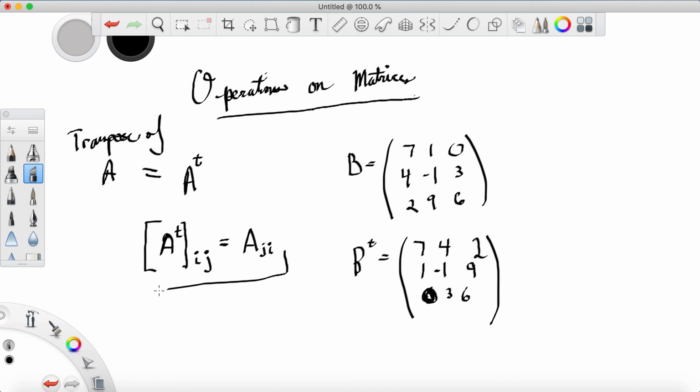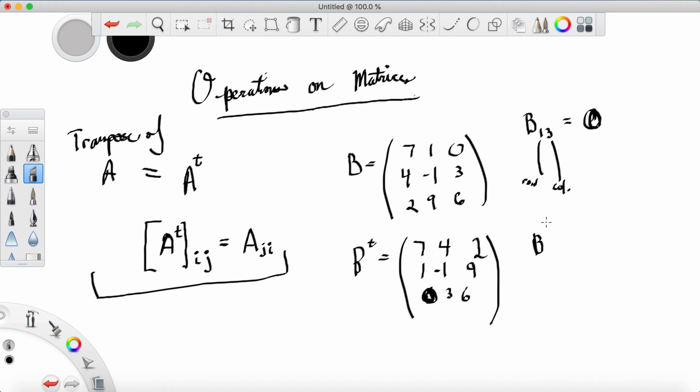Okay, so to see that this does in fact line up with that definition, let's recall that B(1,3) would refer to the first row and the third column. And that particular element would be 0. However, what element would that correspond to in B transpose?